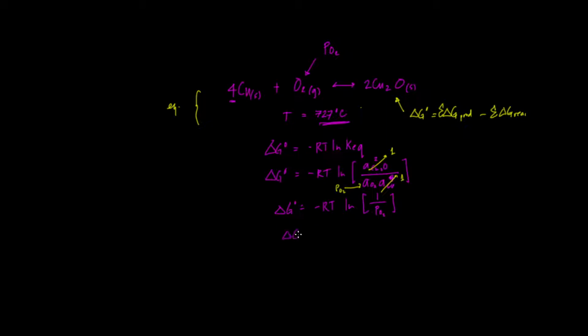Delta G naught over negative RT is equal to ln 1 over PO2. Now, all of these terms are known, no? Kasi na-compute na natin siya dito. R is constant and T is also given right here. So this is just one equation and one unknown, and therefore we should be able to get itong PO2, no? So that's the manual approach to solving this problem.